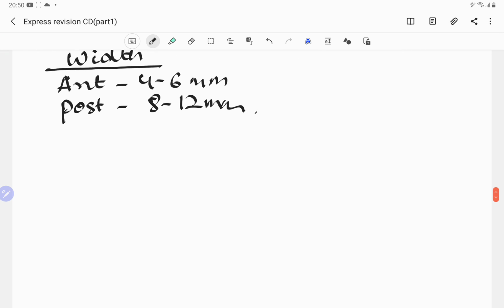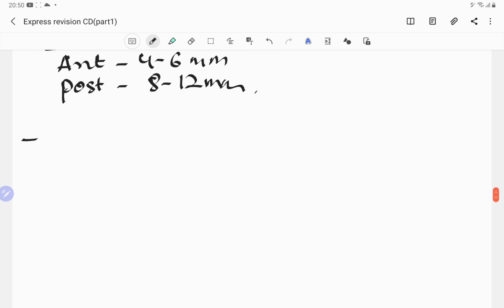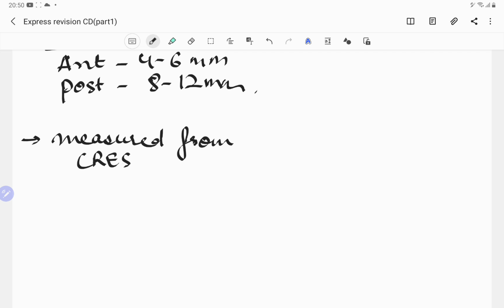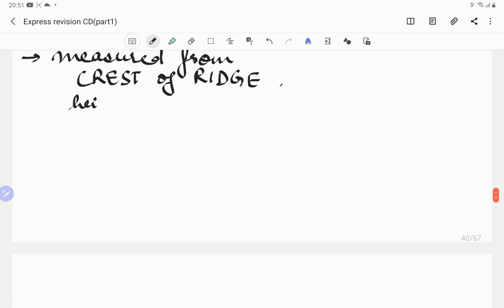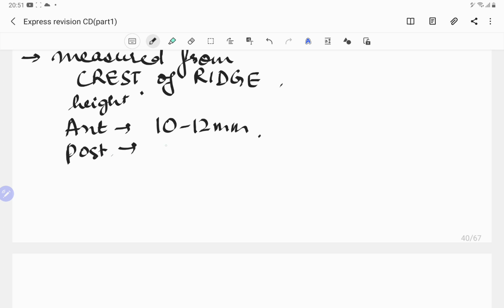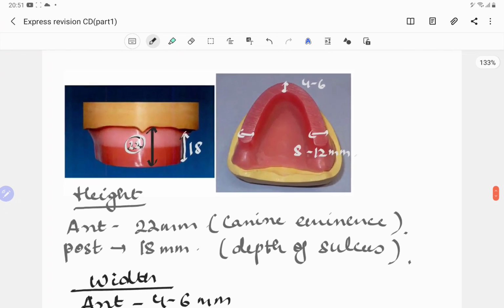Height anteriorly is more. Now, if we are talking about the occlusal rims when measured from the crest of the ridge, then height or the length, anteriorly it is going to be 10 to 12 millimeters and posteriorly it is going to be 5 to 7 millimeters. Right. So this is the measurement.